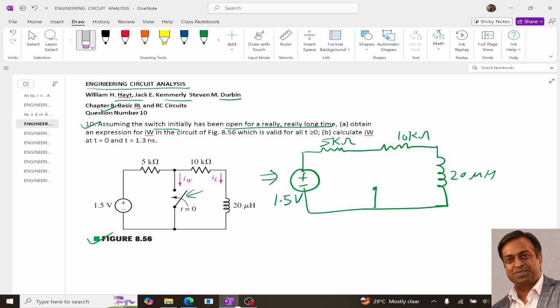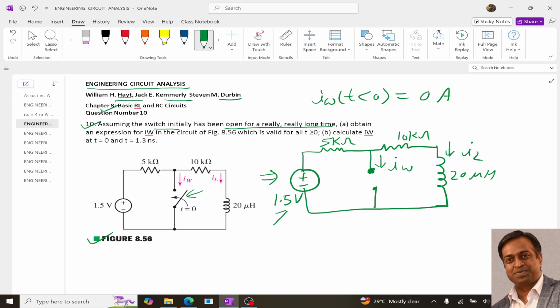Over here you can see that since this branch is open, our current IW will be 0. Initial IW at t less than 0 is 0 ampere. But what about current IL?